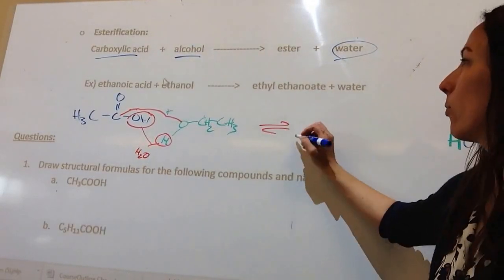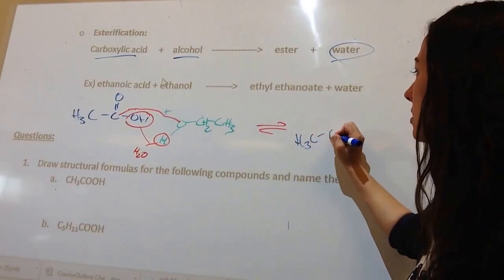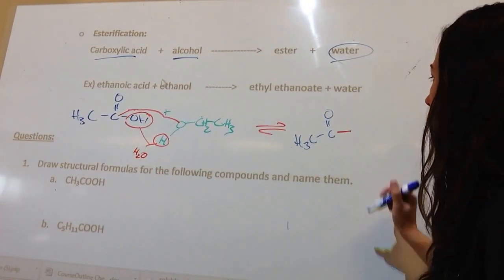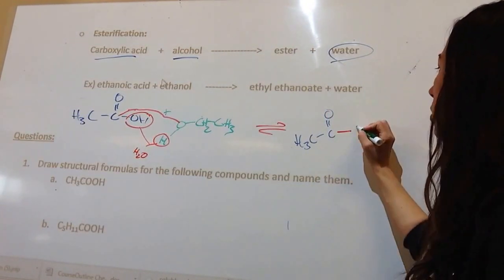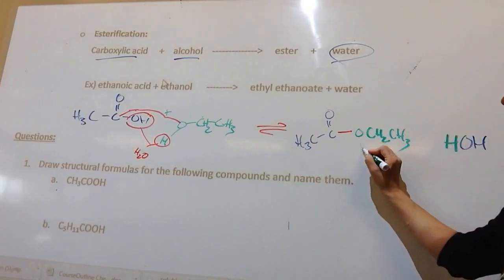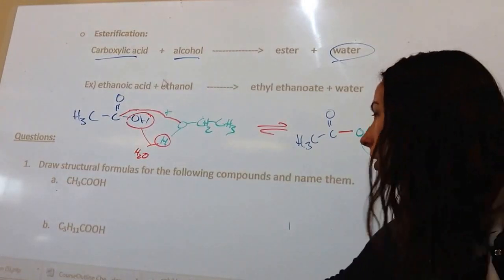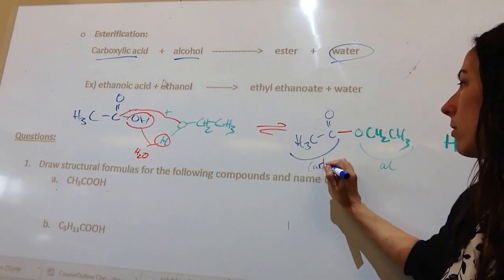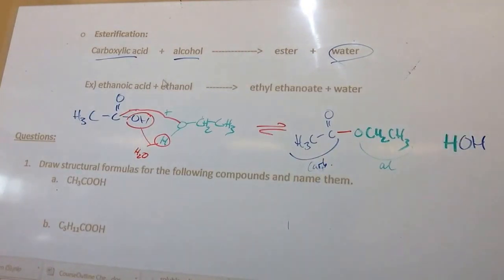And so we end up with H3C, C double bond O, this newfound bond, and O, CH2CH3. So this bit came from the alcohol, and this bit came from the carboxylic acid. And that is an ester.